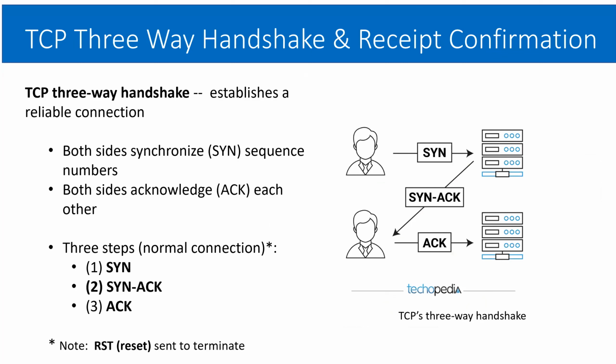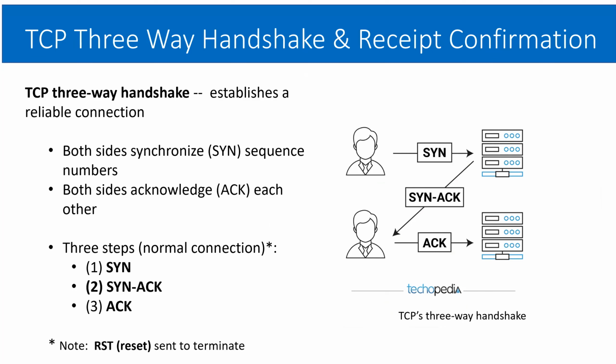Okay, and here's the three-way handshake. For TCP, know these terms, SYN, SYN-ACK, and ACK, in the order in which they occur. SYN means synchronize. So the sender says to the receiver, I'm ready to send you something, let's synchronize. And I'm going to send you some information like sequence number and things like that. Let's get in sync.